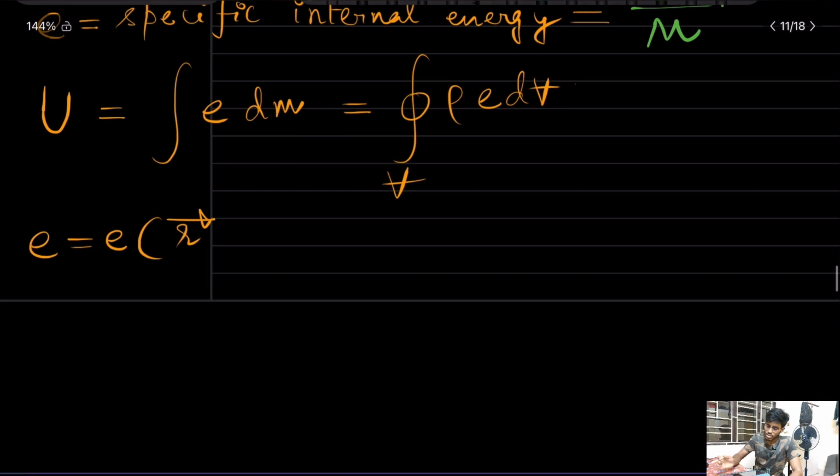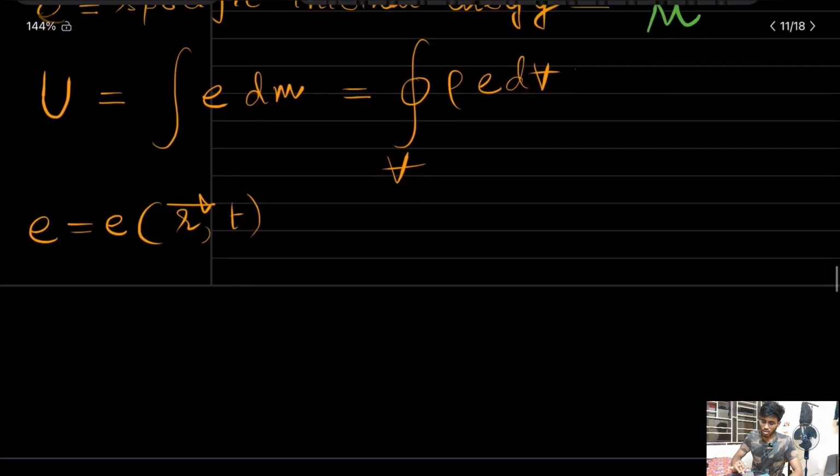The position vector says where the elemental control volume dV is situated, and the time says at which time point you are considering that.